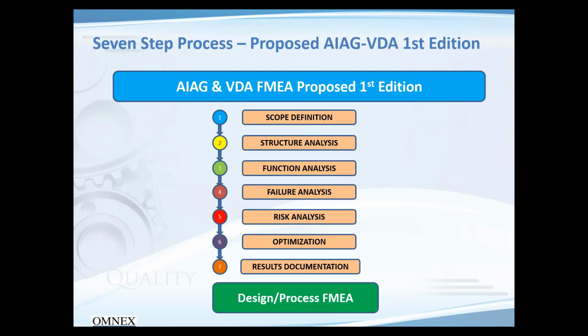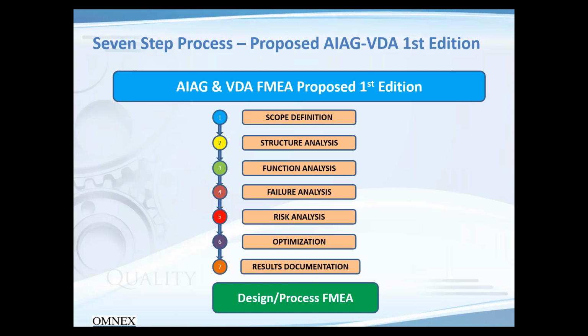One of the things that you'll see when you get the handbook is it's set up as a 7-step process. It starts out with scope and definition, and this would have been considered pre-work in the 4th edition. Then we'll look at structural analysis. This would have been the boundary diagrams in the 4th edition. Functional analysis now will be replacing the function requirement columns.